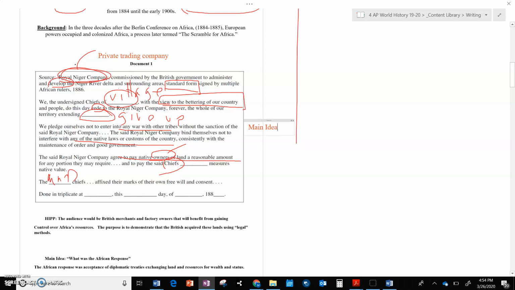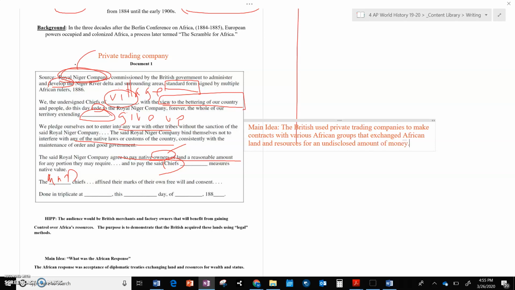And really, if nothing else, if you can just write a quick main idea summary, right, that the British used private trading companies to make contracts probably all over various African groups that exchanged African land and resources for an undisclosed amount of money. Now that's the main idea.